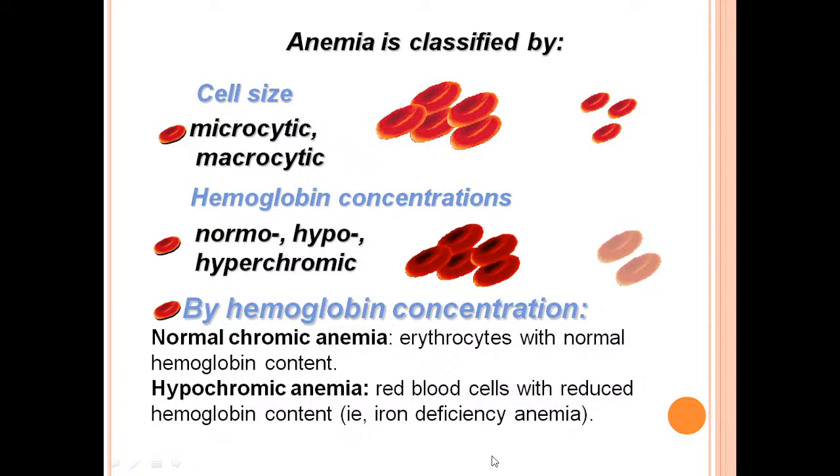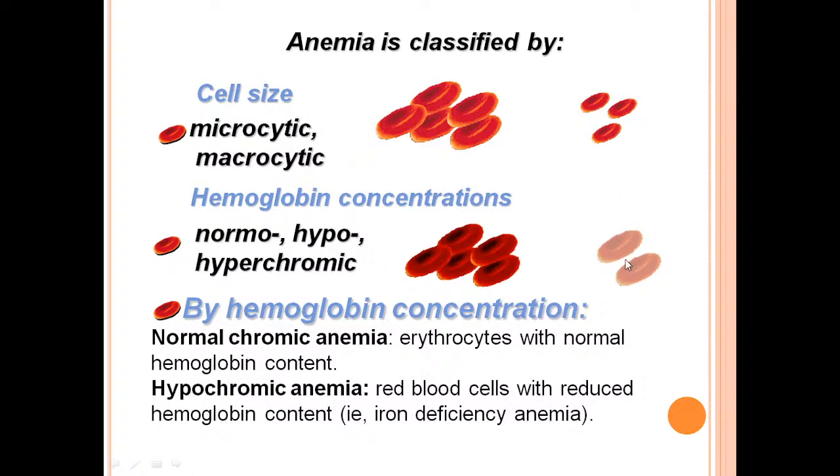What we see? You can see in this picture changes of red blood cells. Anemia classified by cell size: microcytic and macrocytic. What about hemoglobin classification? Normal, hypo, and hyperchromic. So that means how it is colored.